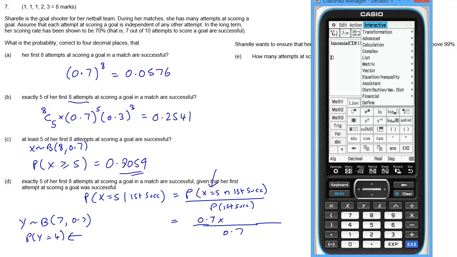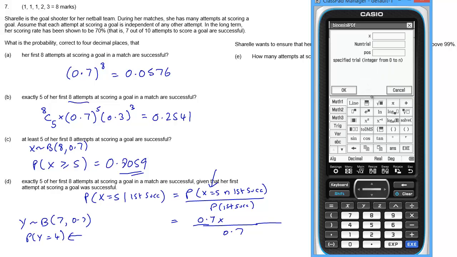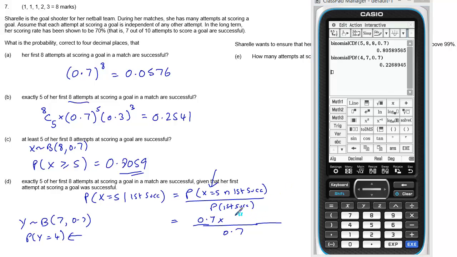So this time it's a binomial PDF, just the one value. We want 4 given 7 trials. Probability of success is 0.7. So that's 0.2269. The 0.7s cancel, and we just get 0.2269.